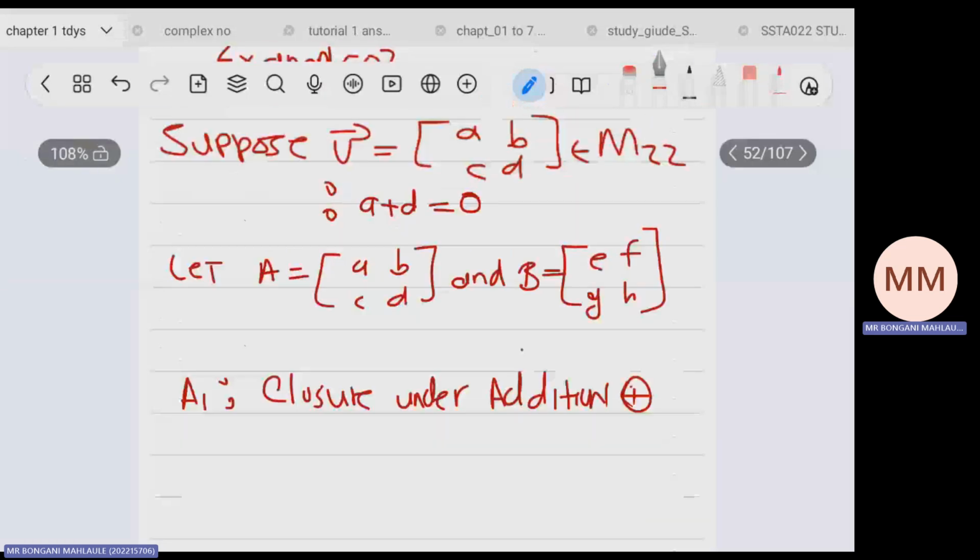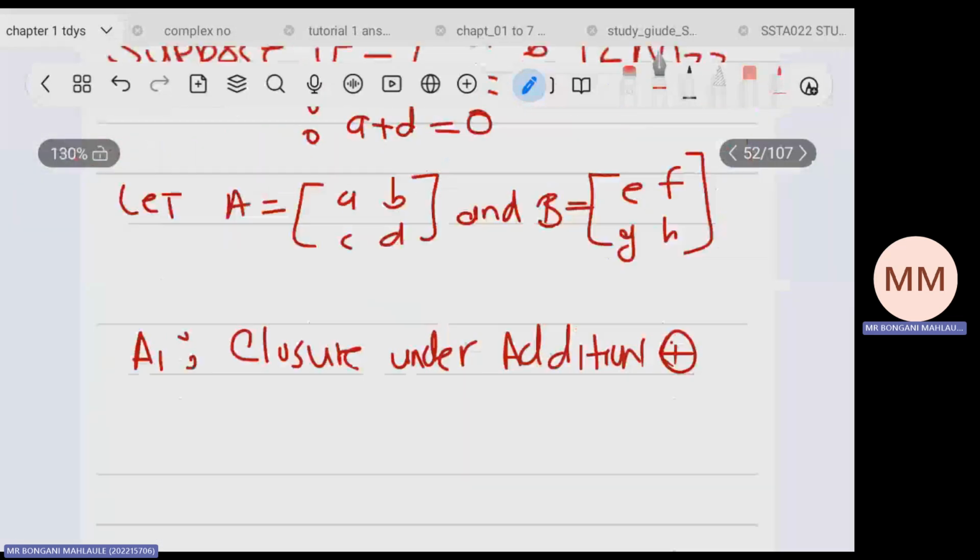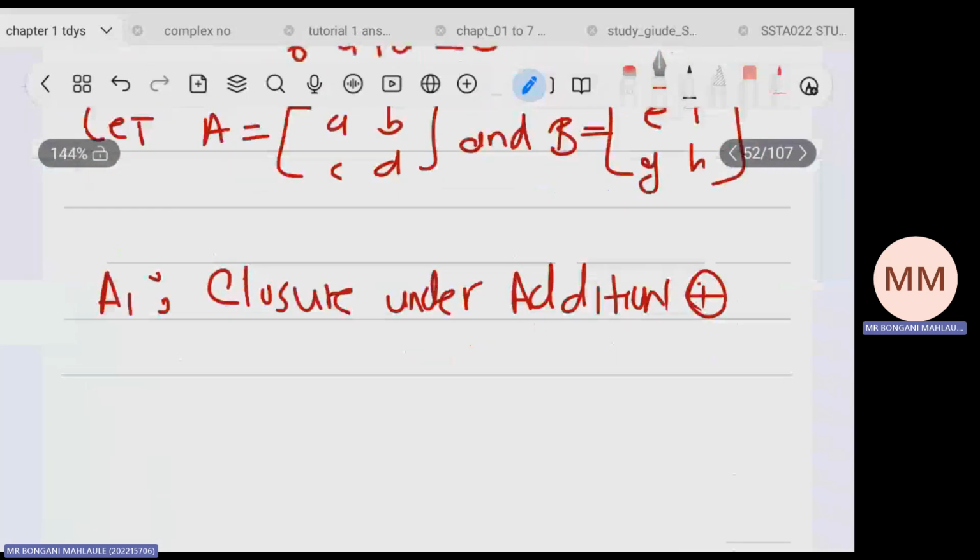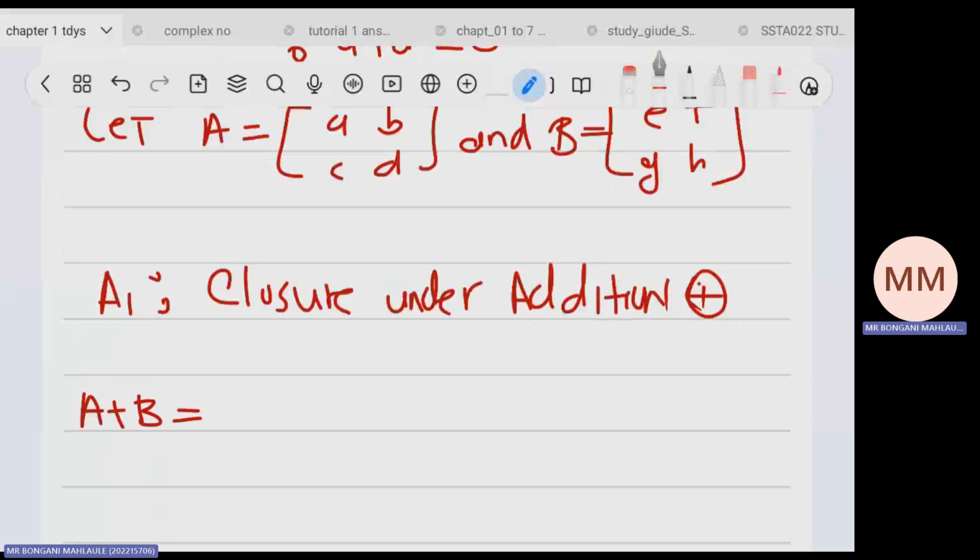So here we're going to check for closure under addition. So it means we'll be adding a plus b. This will just be a, b, c.